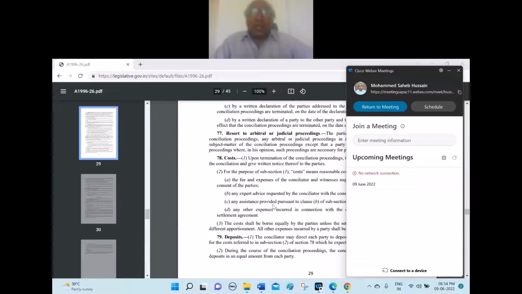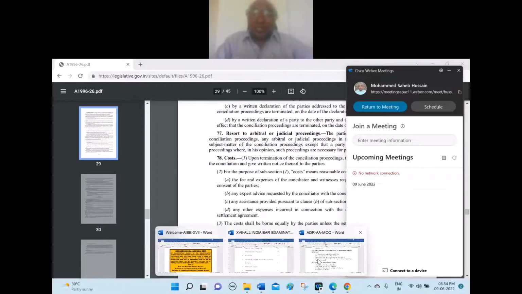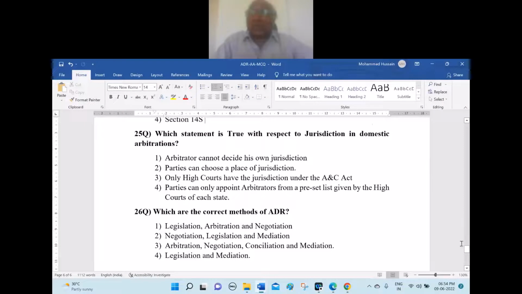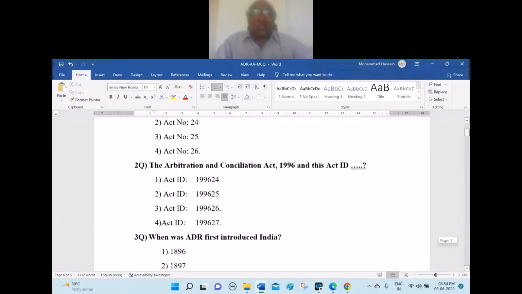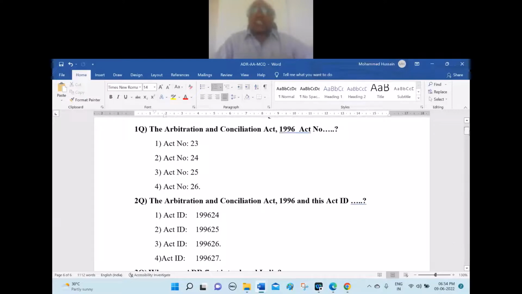A new thing today I taught in one of the multiple choice questions. I believe that is the third in the serial number. Let me check whether memory is correct. No, it is not third. It is the second in the serial number. What is that?